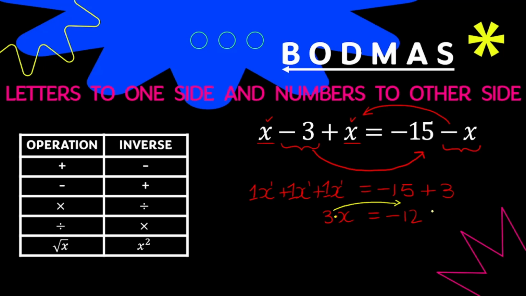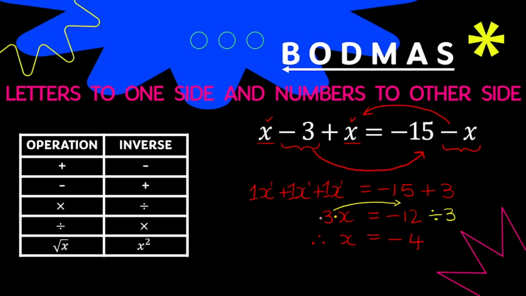Well, it's divide. So I'm going to divide by 3. And when I divide by 3, what is minus 12 divided by 3? That's going to give me minus 4. And there we go. I have isolated the x on the one side.